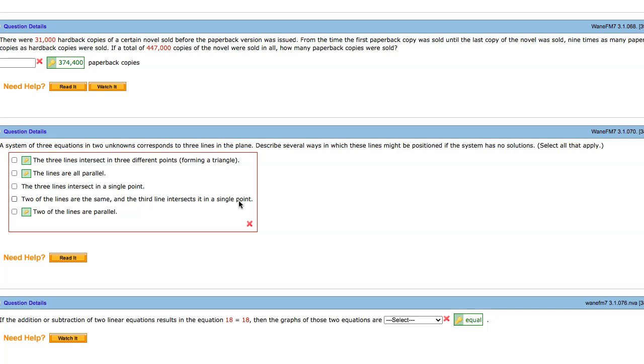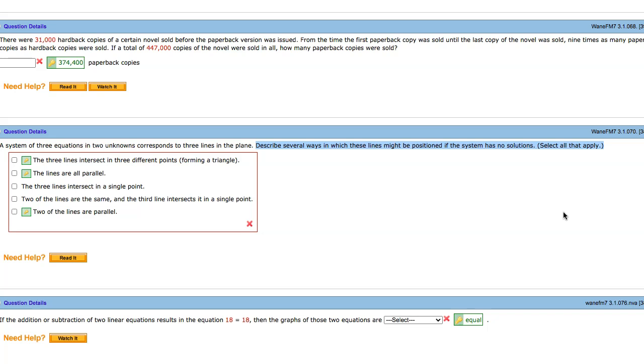I don't see what the problem is with that one. Now, 3 lines intersect at a single point. Now this can't happen. Oh wait, I didn't read all the questions. Sorry. Yeah, all these could happen.